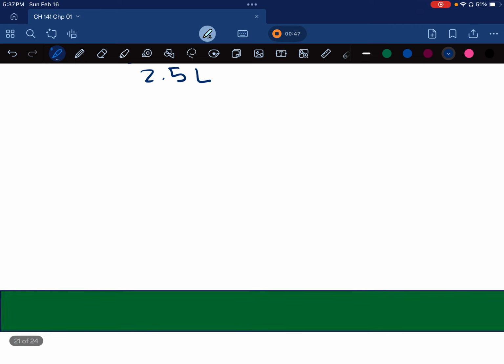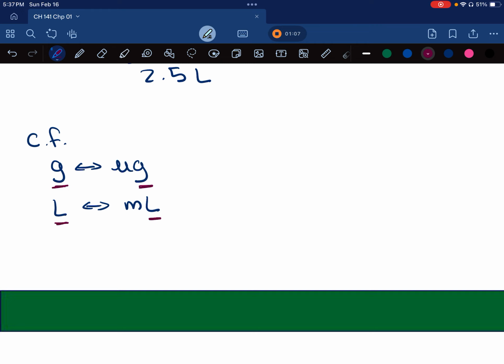So we want to identify our conversion factors. We need a way to get from grams to micrograms, and we need a way to get from liters to milliliters. Now, we notice that the conversions have the same base units, in this case grams to micrograms and liters to milliliters, so we can use just the definition of the prefix as our conversion factors. So what does that mean?